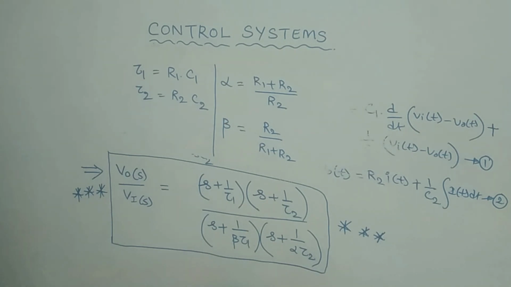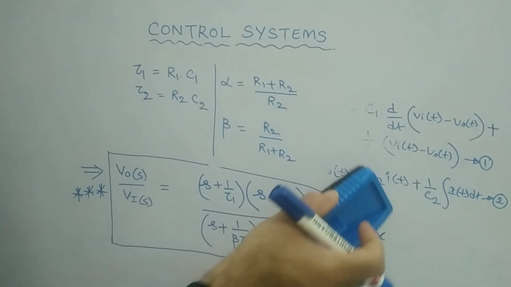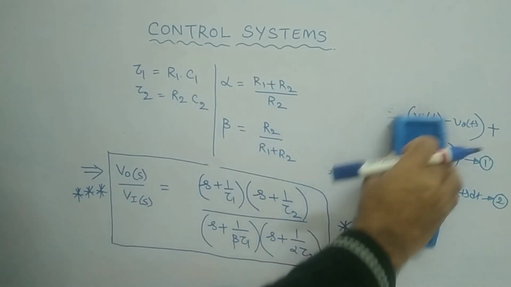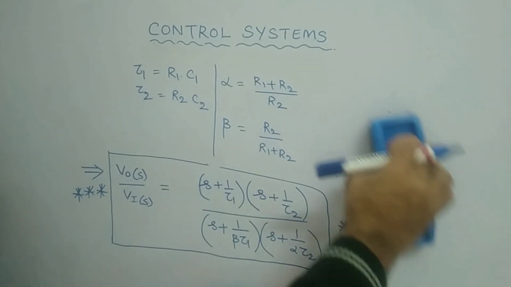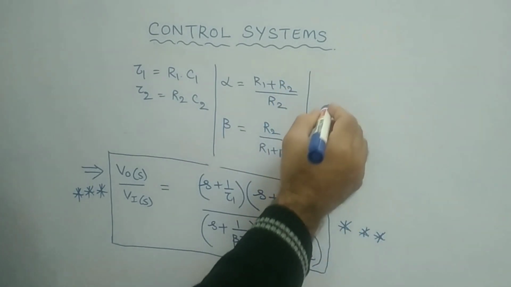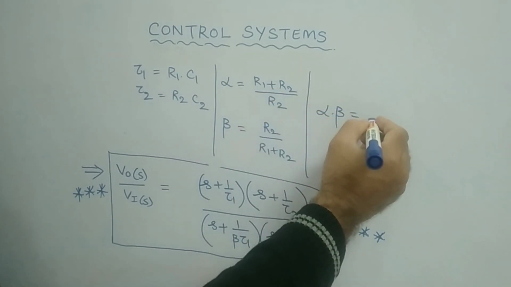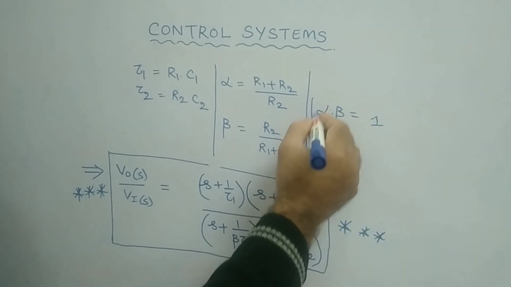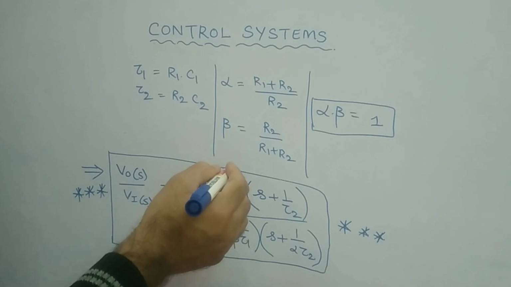And moreover, if you take the product alpha into beta, if you multiply these two, definitely alpha into beta is equal to 1, because both will be multiplied, right?